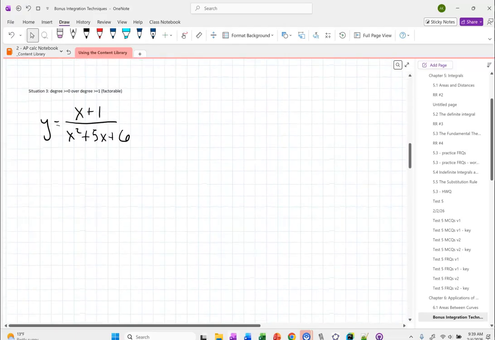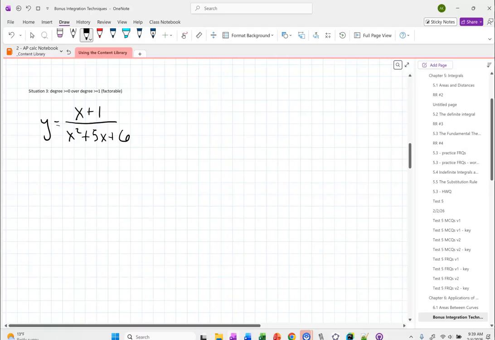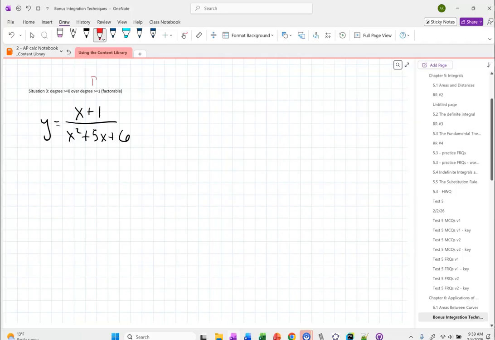All right. The last situation is where I have something with degree greater than or equal to 0 over something that's factorable. The technique here we're going to use is partial fraction decomposition.